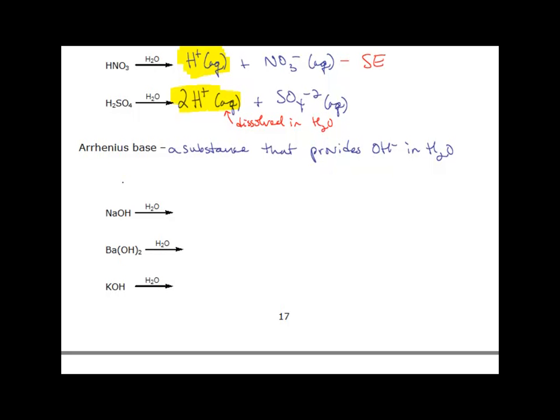And it produces Na+ and hydroxide ion. So because it produces hydroxide ion, it's an Arrhenius base. It's also a strong electrolyte since it's ionized completely.